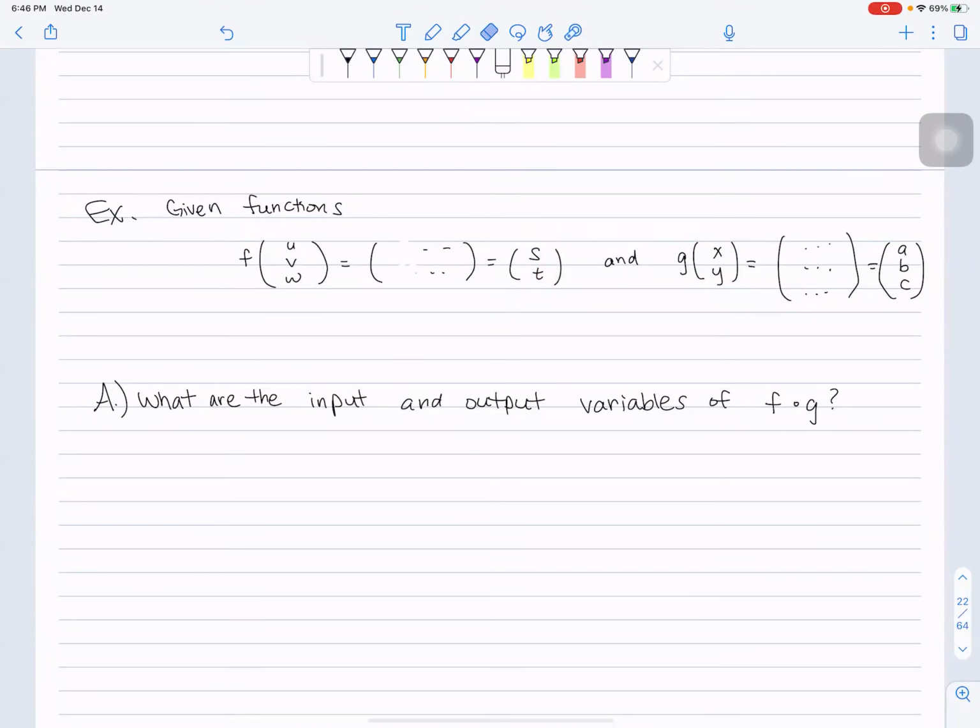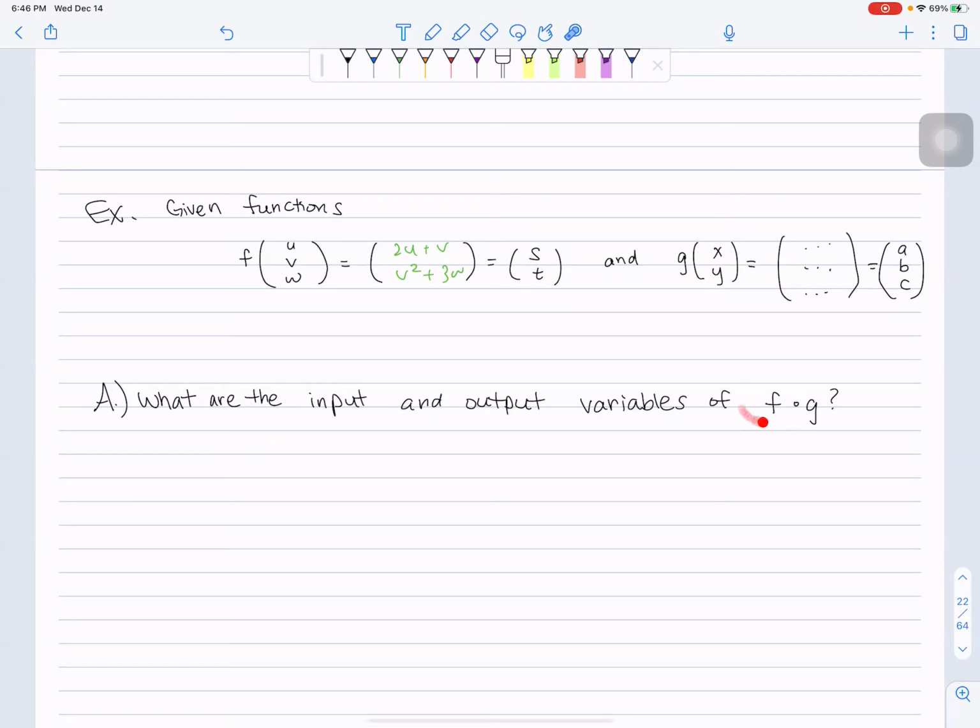They would say maybe 2U plus B, B squared plus 3W, something like that. And then they give you a function G, where the inputs are X and Y, and your outputs are A, B, C. So what are the input and output variables of f of g?